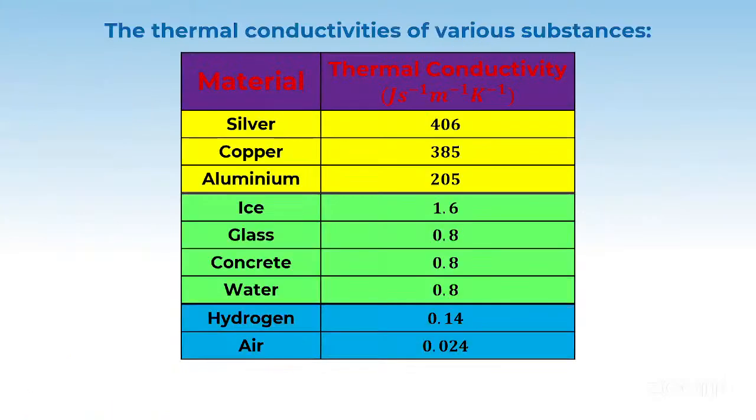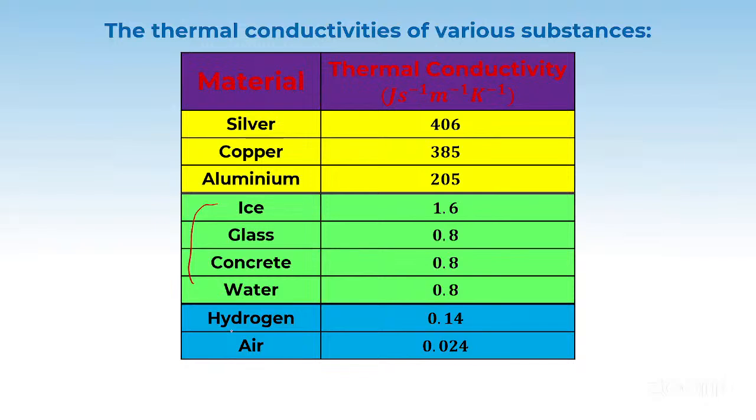Now thermal conductivity of different materials is given in this. सिल्वर, कॉपर और एल्यूमिनियम, which are the metals, की थर्मल कंडक्टिविटी ज्यादा है. So that is why metal is a good conductor of heat. These are what? Non-metals: ice, glass, concrete and water. इनकी थर्मल कंडक्टिविटी देखो आप कितनी कम है ना.